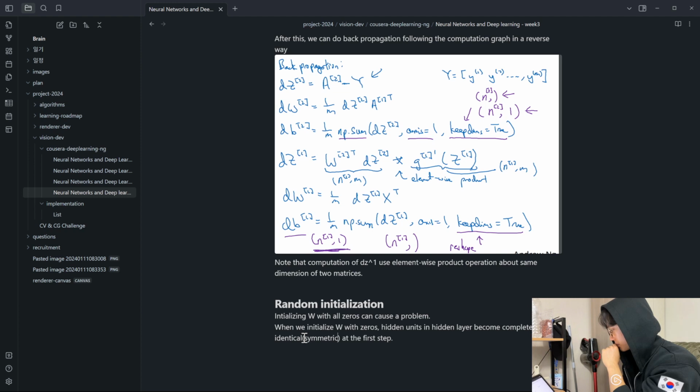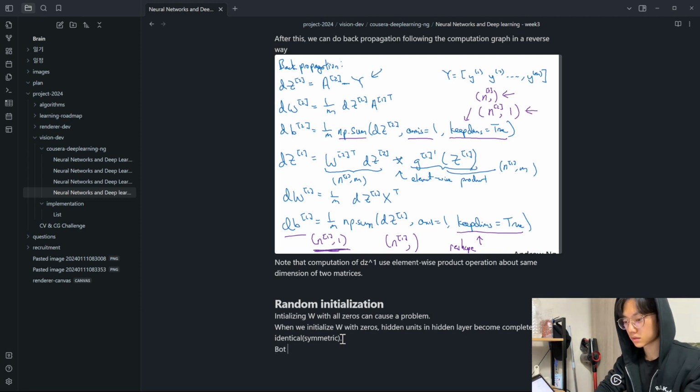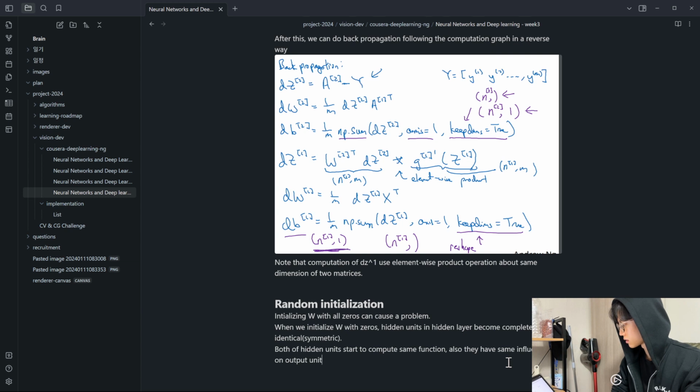You find that W1 after every iteration will have the first row equal to the second row. So it's possible to construct a proof by induction that if you initialize all the values of W to zero, then because both hidden units start off computing the same function and both hidden units have the same influence on the output unit, after one iteration that same statement is still true.